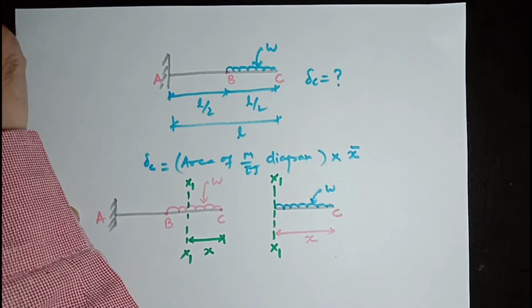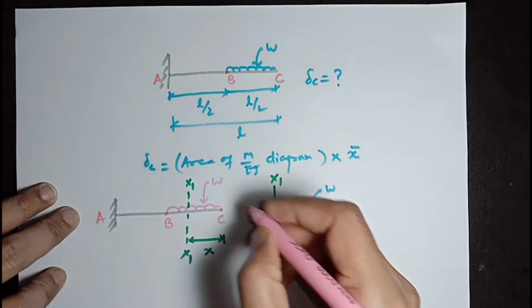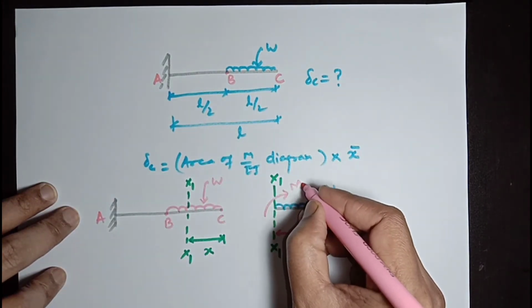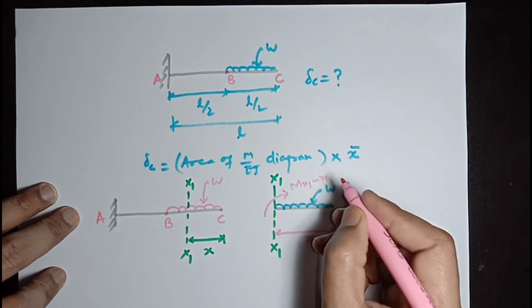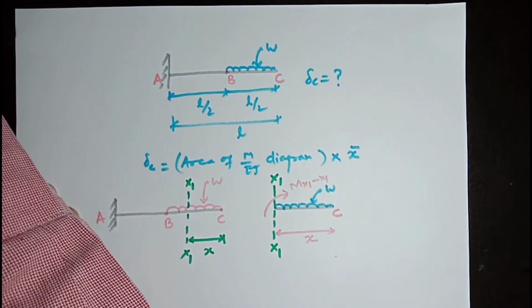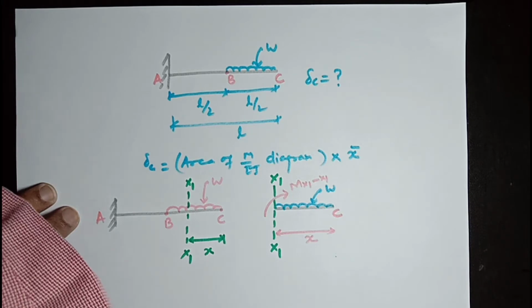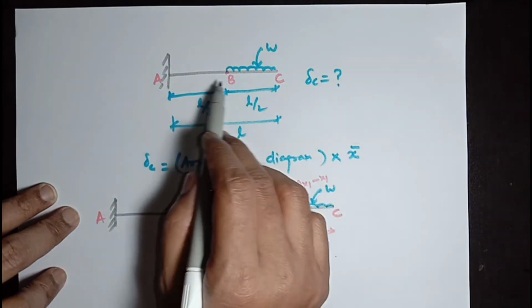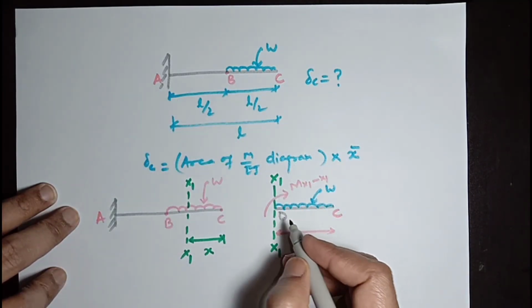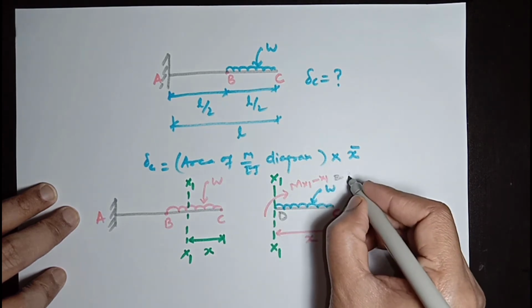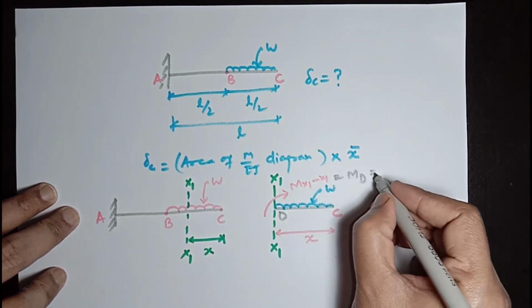Now we are going to find out this moment. This is Mx1, or if we are taking a point D here, we will be finding out what MD will be.